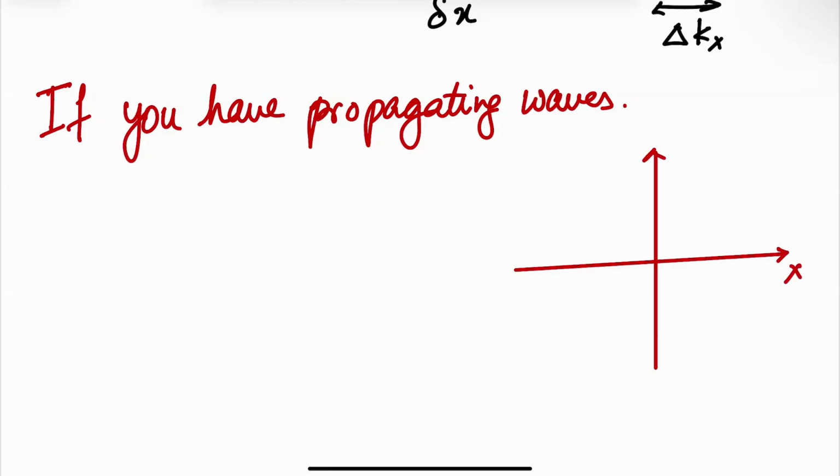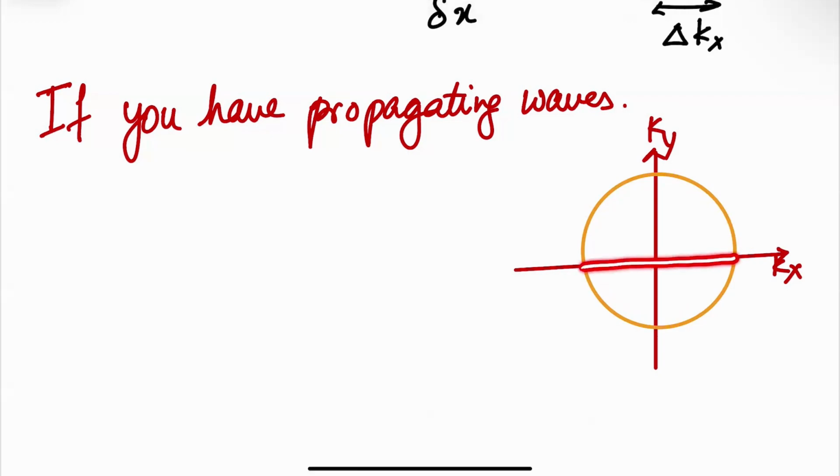So this is x, kx, ky, and there is the sphere, right? You only have the sphere, you don't have the evanescent spectrum, which means the maximum kx that you can have goes from minus k to k. This is minus k and this is plus k, right?